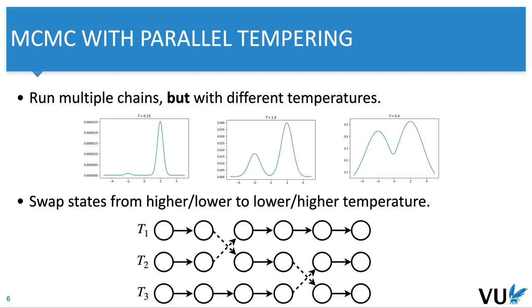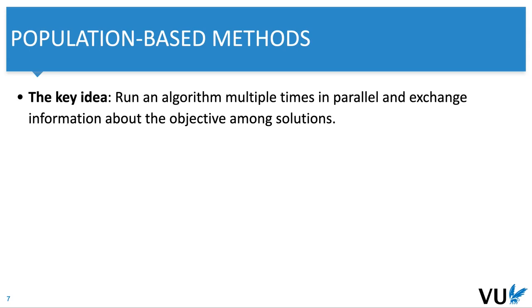All right, because this is a population-based algorithm. It has a kind of a population of different candidates that go together and they collaborate in some sense. All right. And now the idea behind all population-based methods is to run an algorithm multiple times but in parallel and exchange information about the objective among solutions. All right.